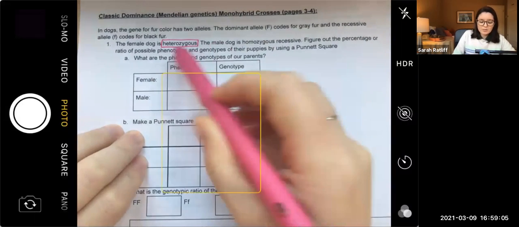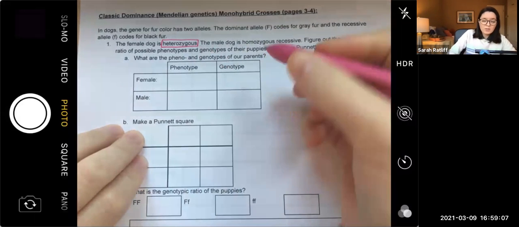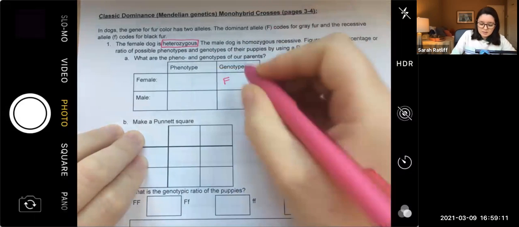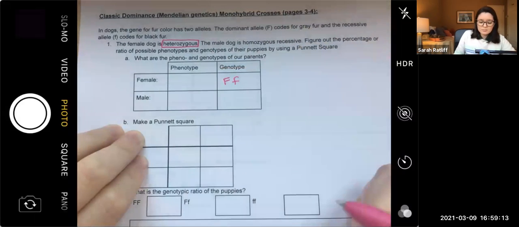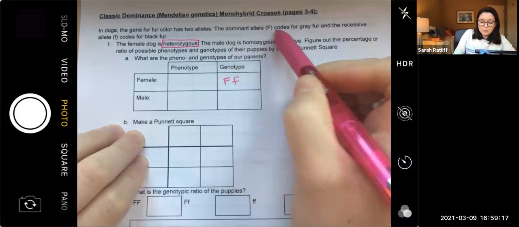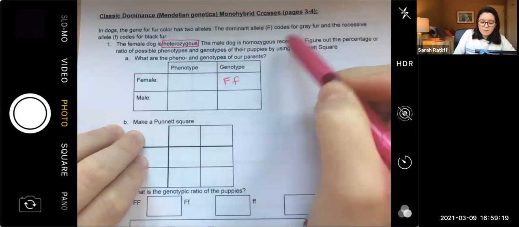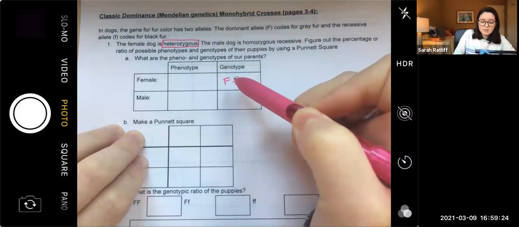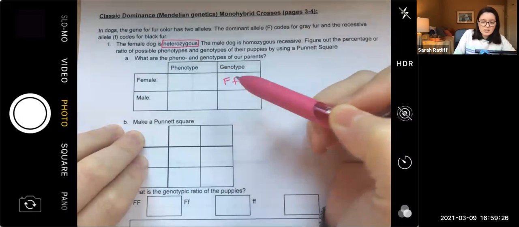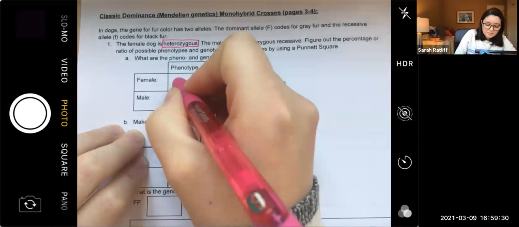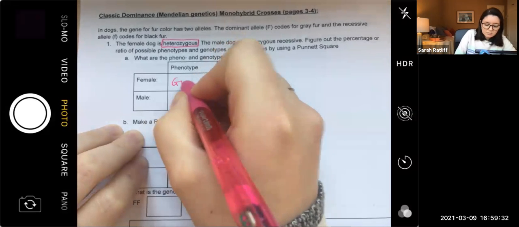She's going to have one of each allele, so that means a capital F and a little f. Since the dominant allele F codes for gray fur, and in classic Mendelian dominance, if you see that dominant allele, your phenotype is going to be the dominant phenotype. So she will be gray.